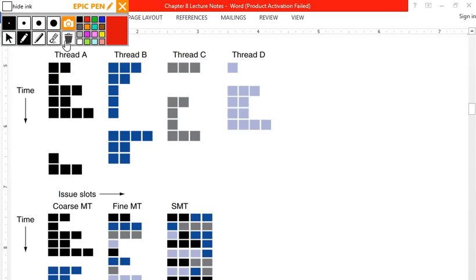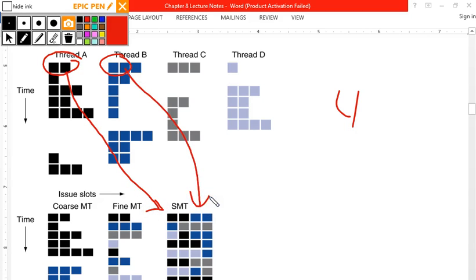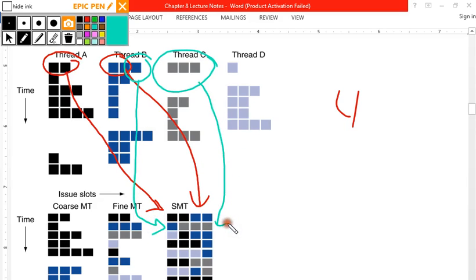Now, simultaneous multi-threading, since we have 4 resources, we should try to use all 4. So we start at thread A and thread B. You see how thread A here is the first 4, and thread B is the next 4. So the next cycle, we have this one and these 3.